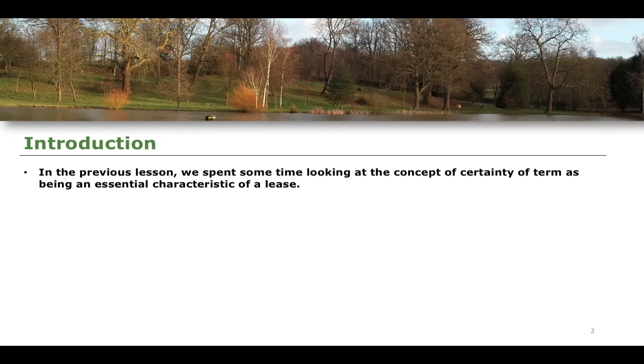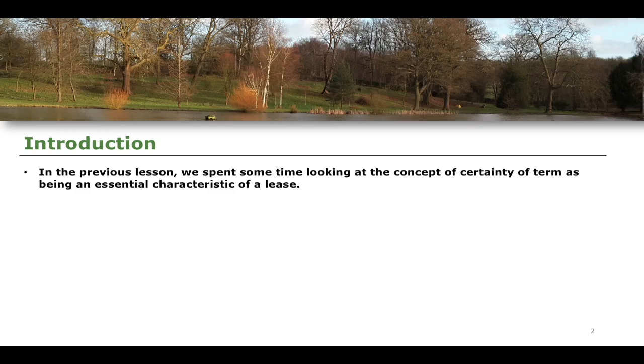We spent some time talking about the problematic areas therein, especially when it came to the idea of a periodic tenancy. This idea that rather than there being a specific start date and a specific duration, and as a result a specific end date, you have a roll-on process where maybe each month there is a renewal of the tenancy agreement or something of that nature.